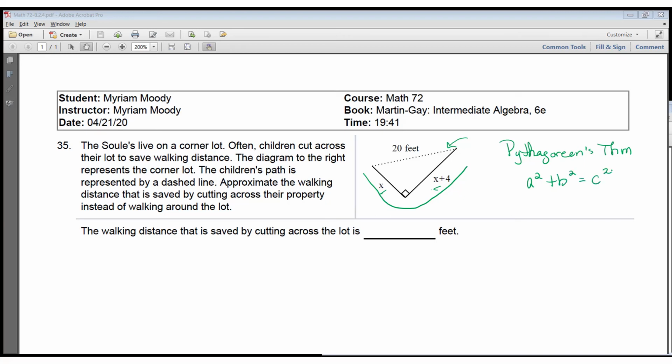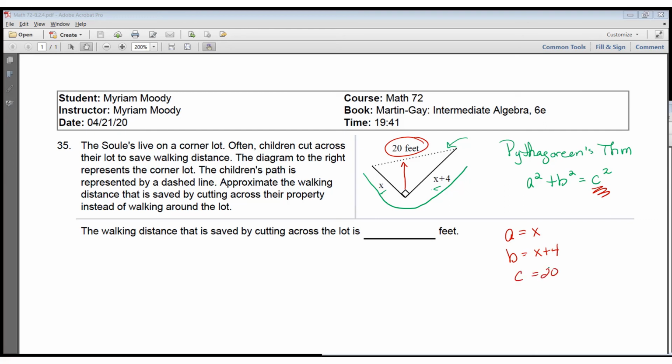And which one of those do I have to identify correctly, the a, b, or the c? Good, you have to identify the c correctly, because the c is the hypotenuse, which is always across from that 90-degree angle. Yes? Okay, so I'm going to let my a be x. I'm going to let my b equal x plus 4, and c is equal to 20.